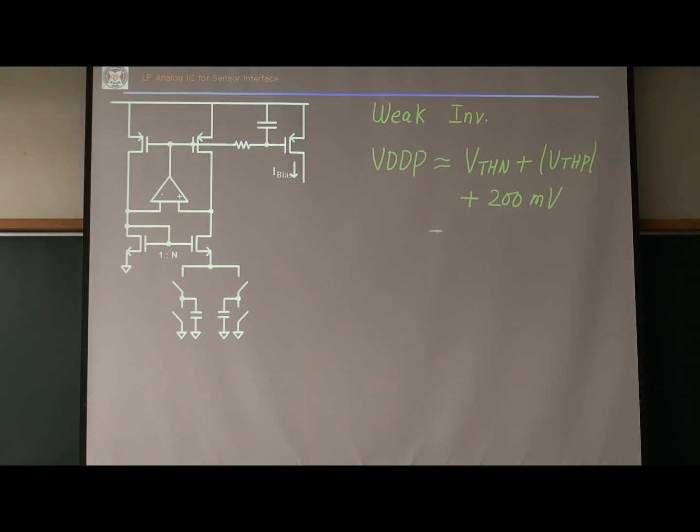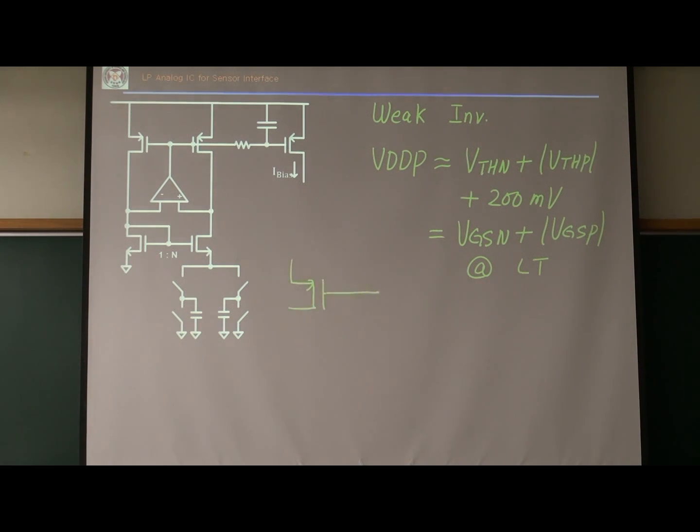So this is the same as VGS-N plus VGS-P at the logic threshold condition. So gate source voltage is around 100 millivolt above threshold voltage, right? So it works in weak inversion. So for weak inversion, we can derive the current.